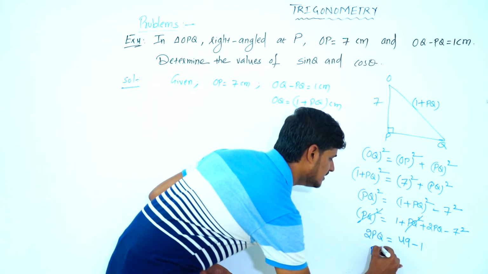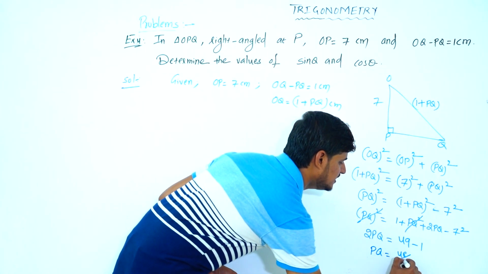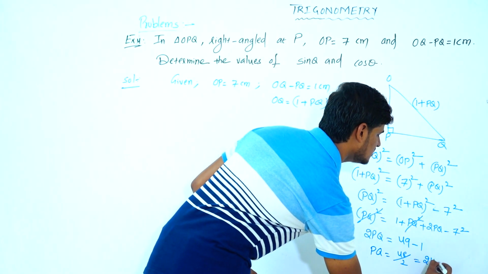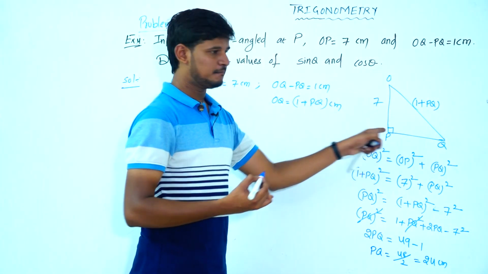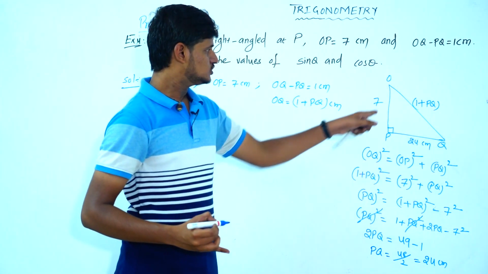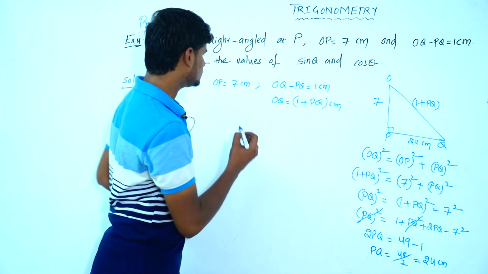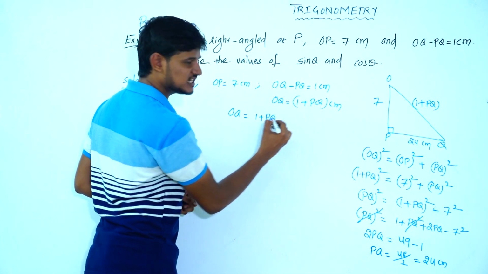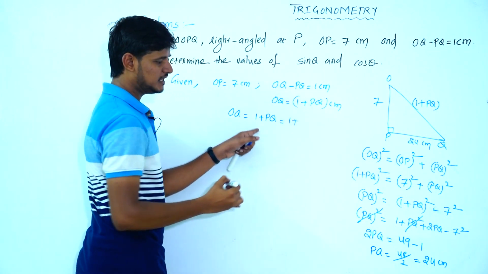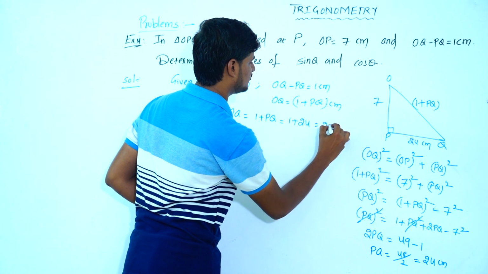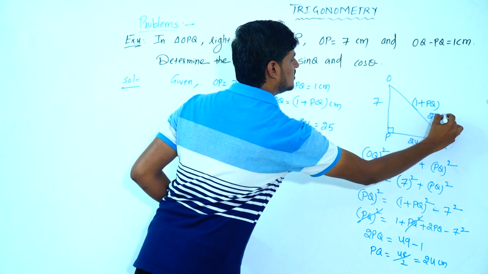So PQ will be equal to 48 by 2, which is 24 centimeters. So my PQ value is 24 centimeters. I can find OQ also, because OQ is equal to 1 plus PQ, that is 1 plus 24, which is 25. So this value will be 25.